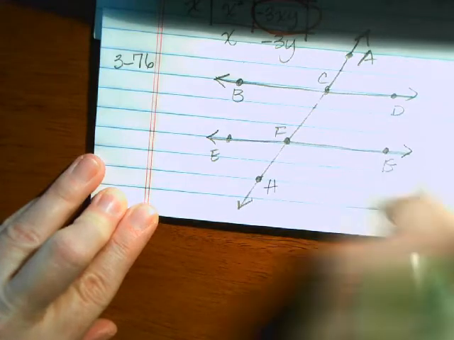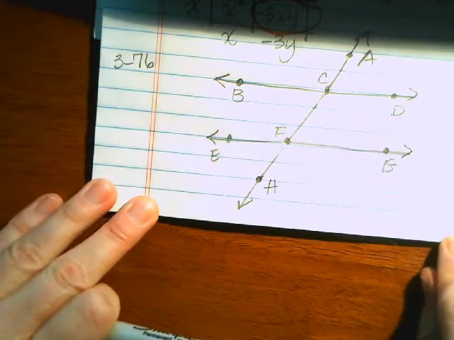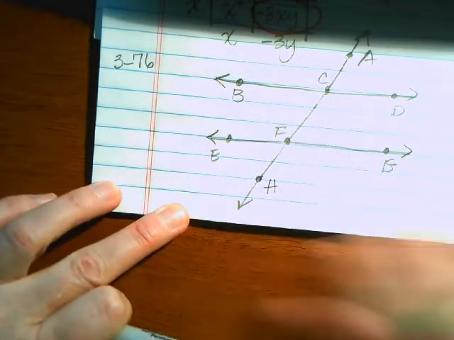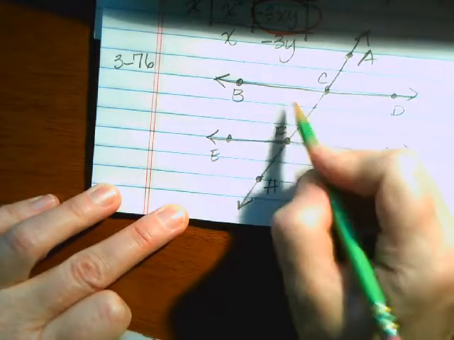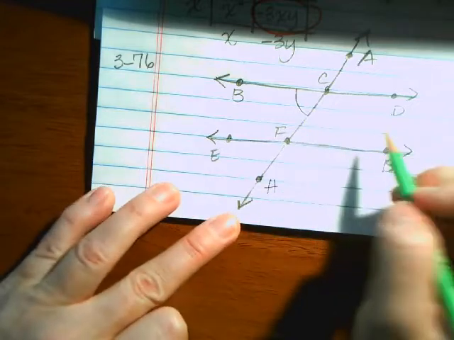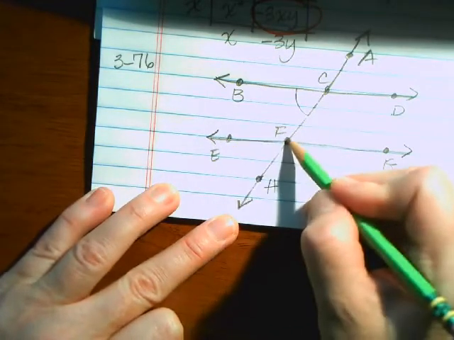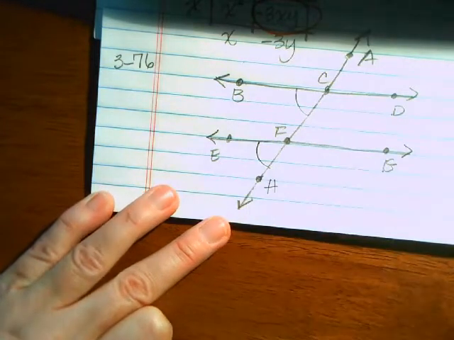G. Okay, so looking at the diagram, John says that measure of angle BCF, so angle BCF, this angle right here, is equal to the measure of angle EFH. Do you agree?